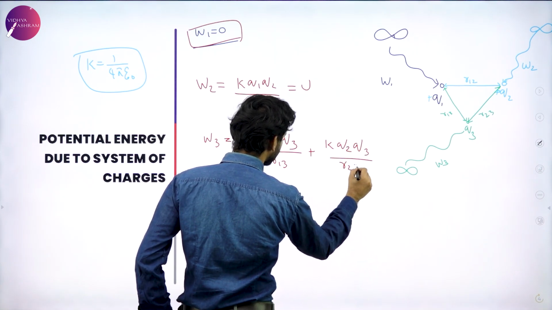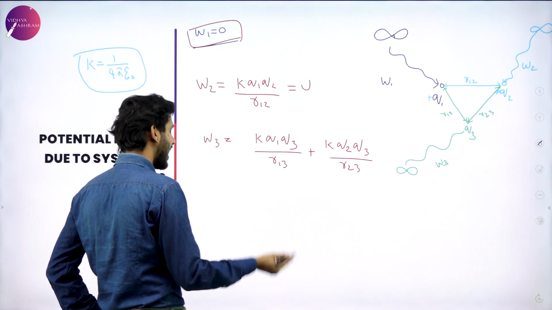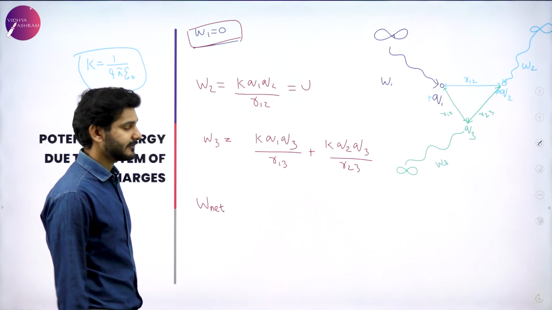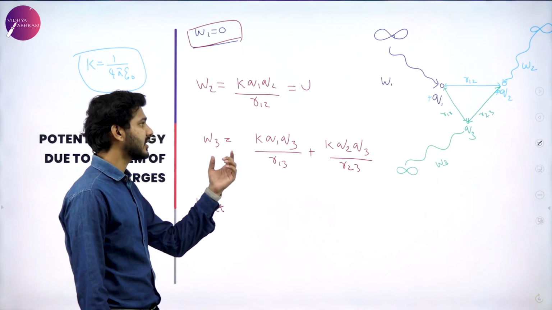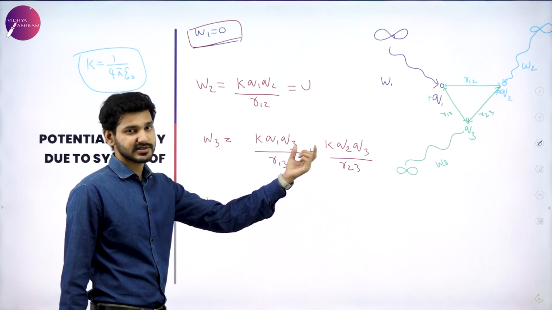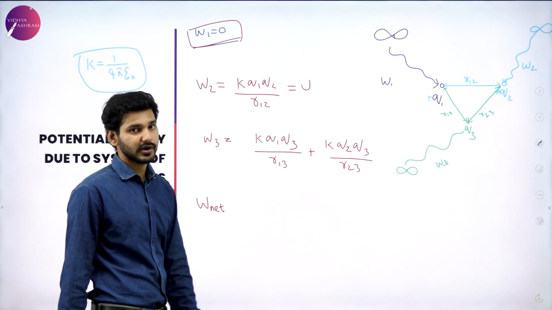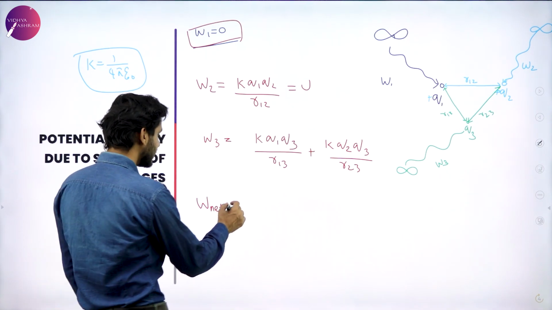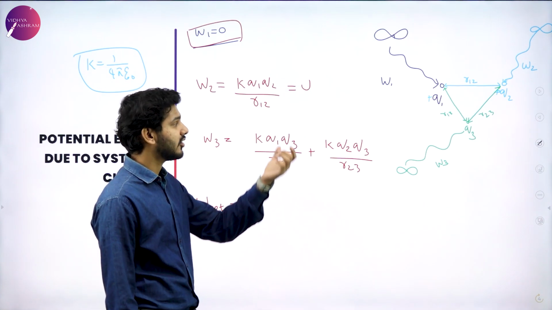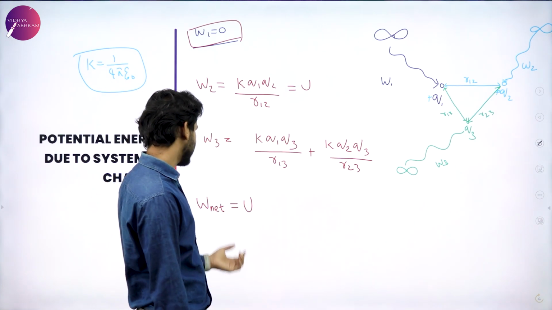Now we have to find the total work done in bringing all three charges from infinity to their particular points, which will in turn give the total potential energy of that system.